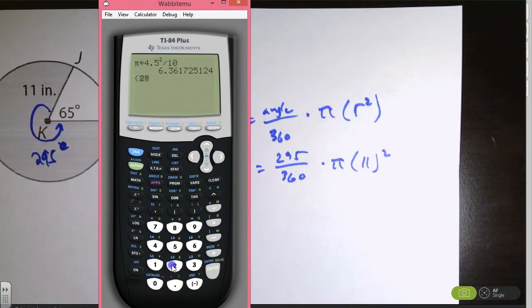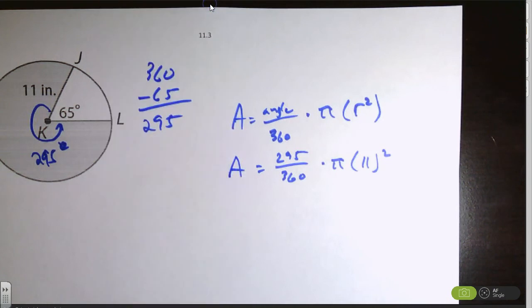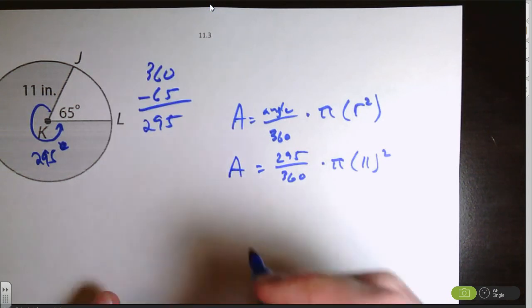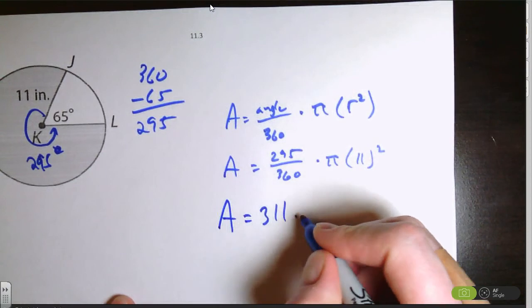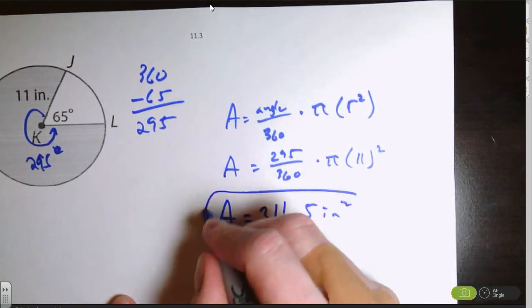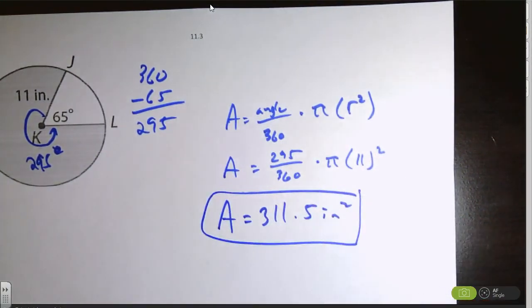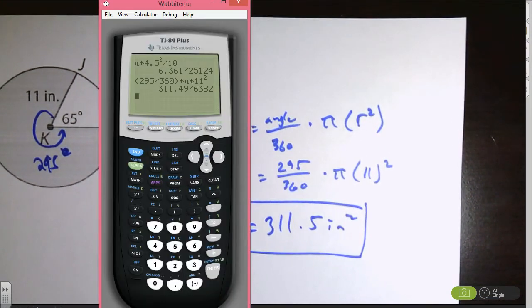So parentheses 295 divided by 360, times pi, times 11 squared, which is 311.5. So 311.5 square inches. All right, double check that to make sure that's what I got. 295 over 360 times pi times 11 squared. Yep, there we go.